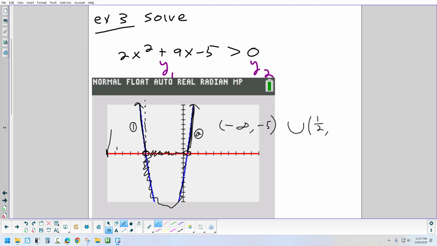And what's the highest x value that we could pick and still be in section 2 somewhere? Yep, infinity. You can go as high as you want for x. You're just going to be way up there on your parabola, even higher.